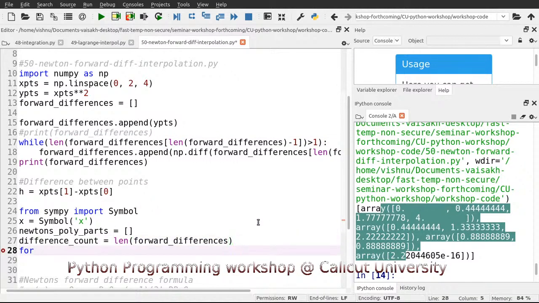So for i in range, p, p minus 1, p minus 2. We need to find up to how many differences.